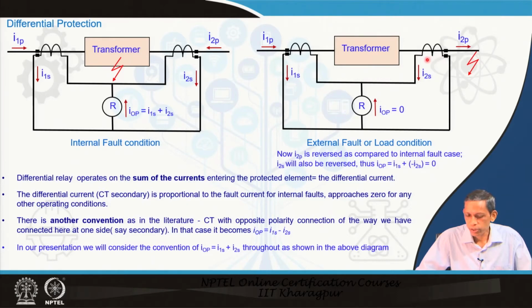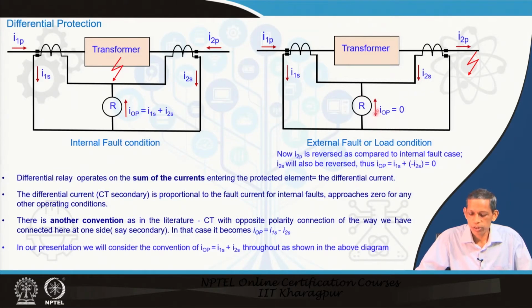That is why the direction of I 2 S will be in this way. The primary current remains the same, incoming current in this direction. So, with this CT polarity, the current direction will be leaving this terminal. So, I 1 S remains the same as the earlier case.